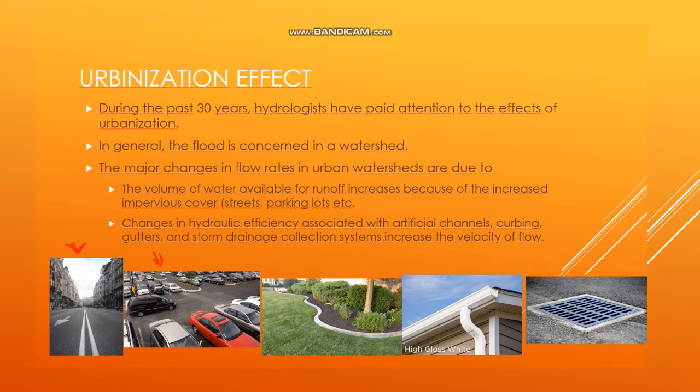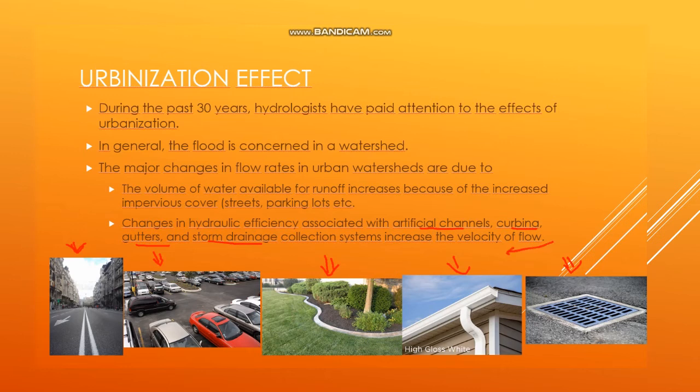And then there is the change in hydraulic efficiency associated with artificial channels and curbing. Curbing and gutters are examples here. We have gutters and storm drainage, as we usually see on the street here. This collection system increases the velocity of flow.